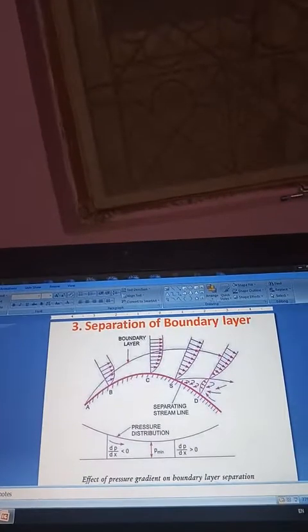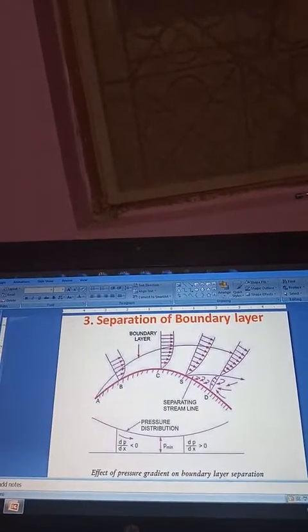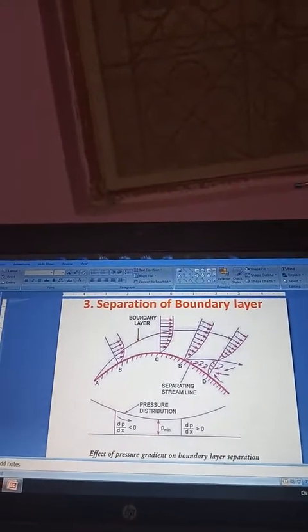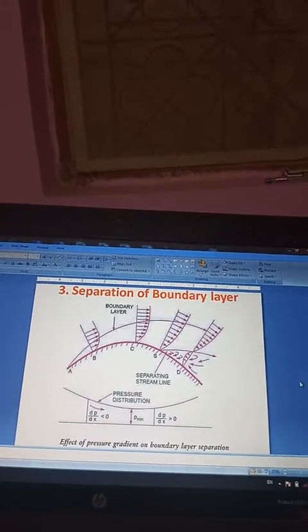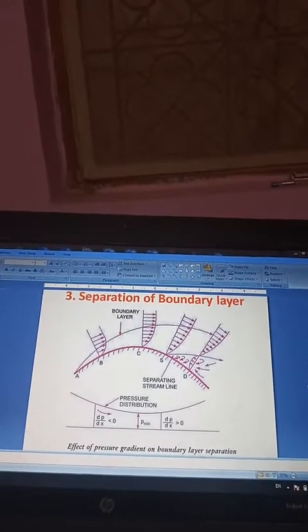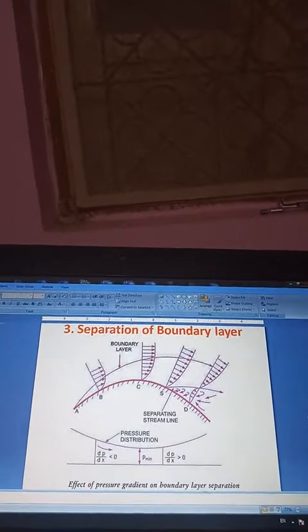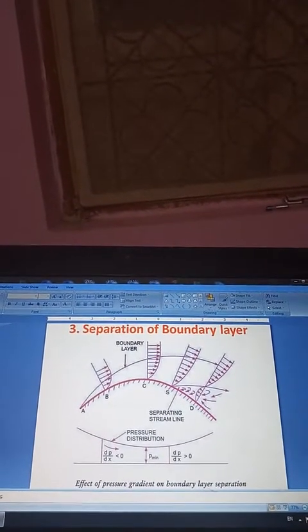What are the effects of this boundary layer on the solid body, that we are going to study. And what happens if that boundary layer is going to remain along that surface as it is, or it is going to detach from that surface in between.